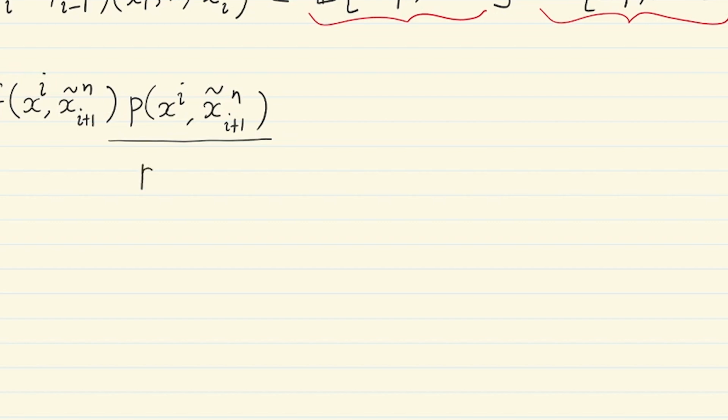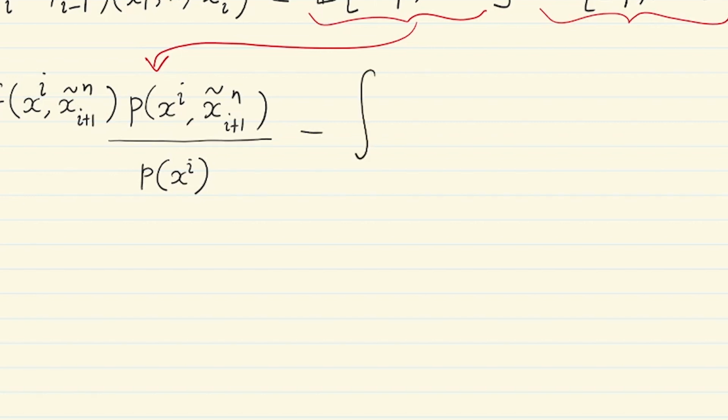This is just p of xi. Okay, p of xi is shorthand for the probability that the first i random variables in the x's assume the configuration small xi. So this is exactly this integral. In a similar spirit, we can write down the second integral.